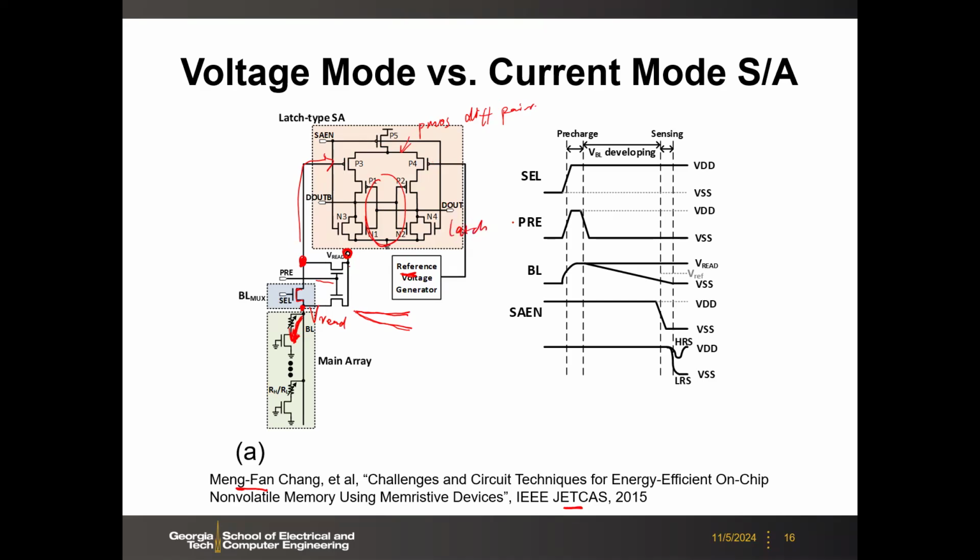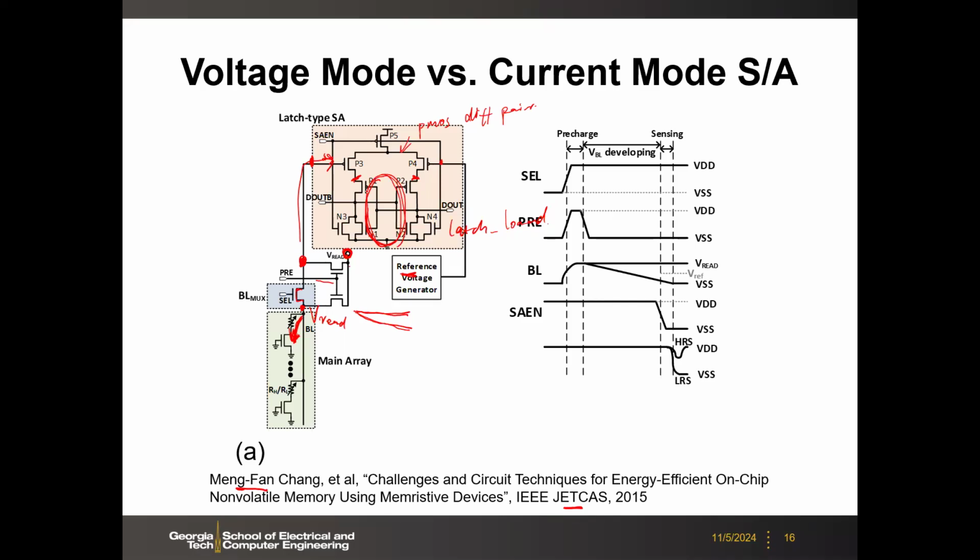The latch-based node could flip faster than the regular one you use, for example, the current mirror we showed earlier. Because of the positive feedback, if there's any difference in the voltage, then it will flip faster. So basically, the voltage difference from this node and this node will be reflected to here and here, and that will trigger the flip of this latch.